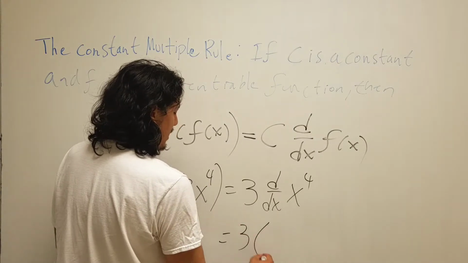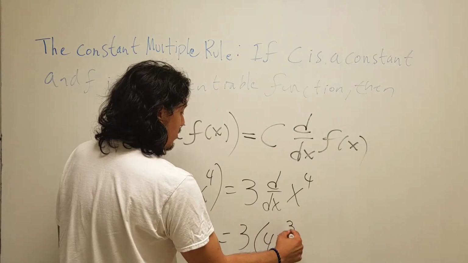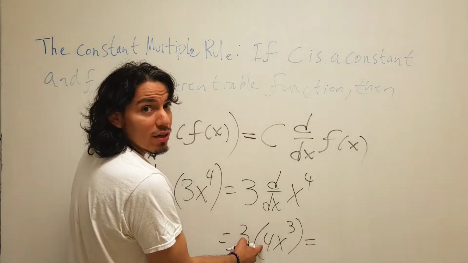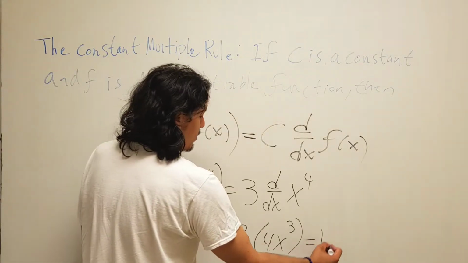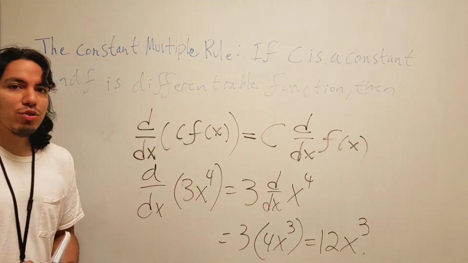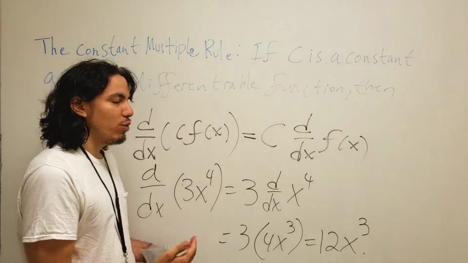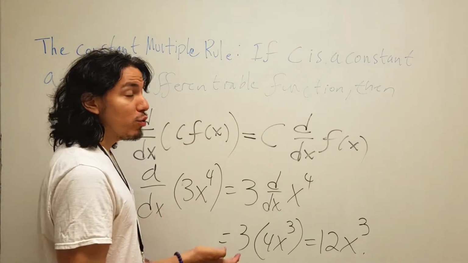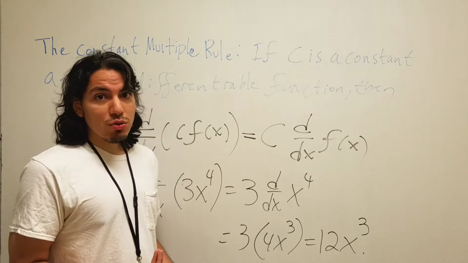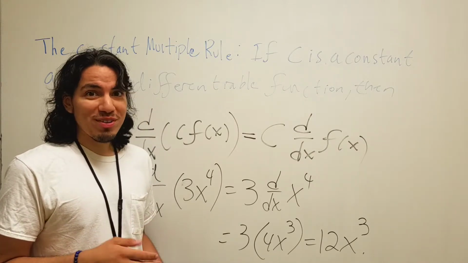It will be 3 times 4x to the third. So then I multiply the constants here. So 3 times 4 is going to be 12x to the third. And that's how you normally differentiate something with the power rule. This can also go for polynomials, it can also go for trigonometric functions, even square roots.